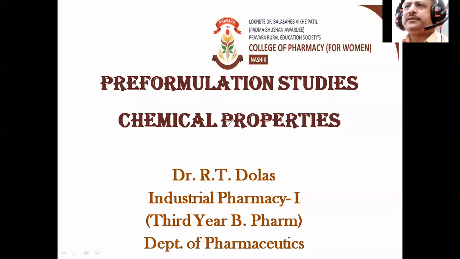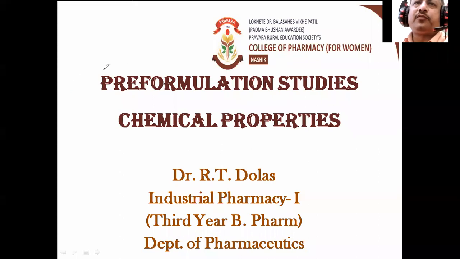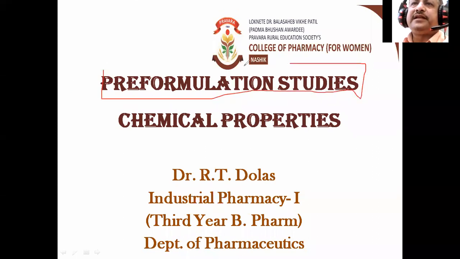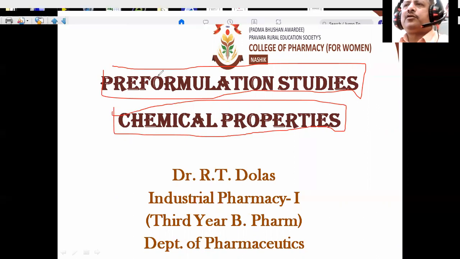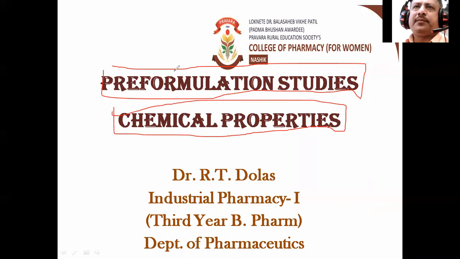Good morning, students. Today we are going to see one of the important points from the pre-formulation studies, in which we are going to discuss the chemical properties of a drug molecule and what role they have in the pre-formulation as well as the development of a dosage form.